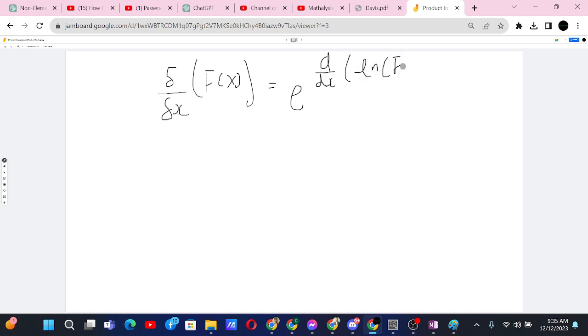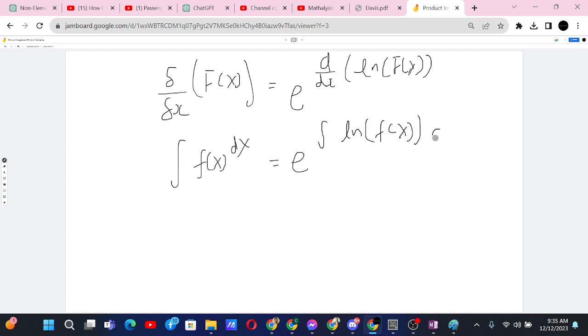The expression that we got over here is that the product derivative of f of x is equal to e to the power normal derivative of ln of f of x. And similarly, the product integral of f of x was e to the power integral of ln of f of x. It looks kind of the same.